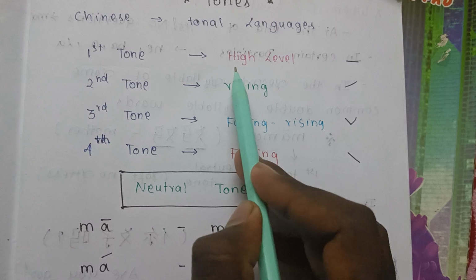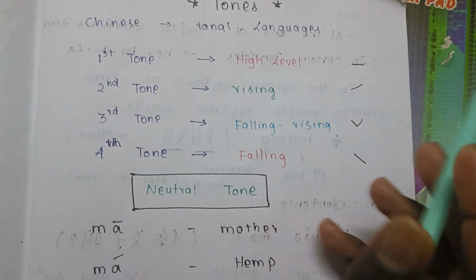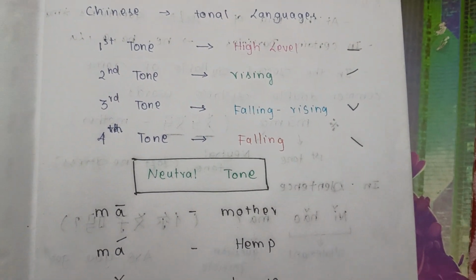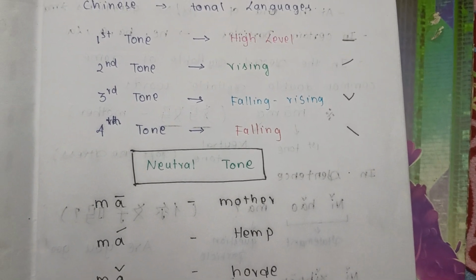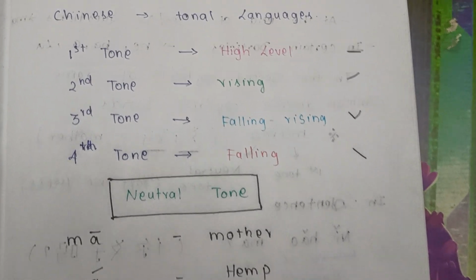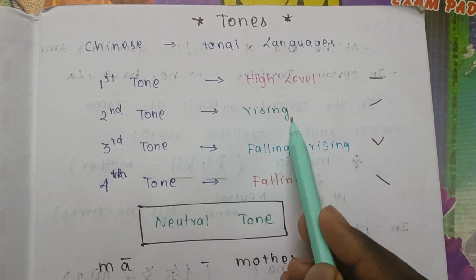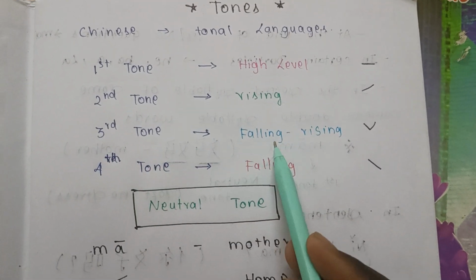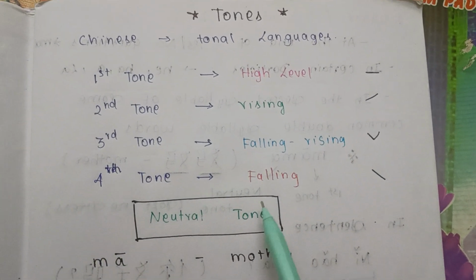First tone, high level. First listen to the tones and how to pronounce them, then I will explain one by one. Our second tone is rising. Third tone is falling and rising. And fourth tone is falling.